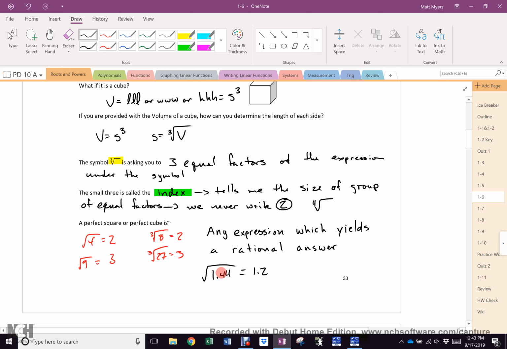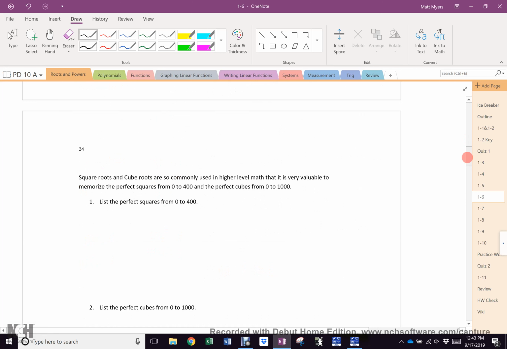Now, this doesn't really come into play that much in our studies. This is the important ones. But I want you to be aware that just because this is a fraction or a decimal doesn't necessarily mean it doesn't have a perfect root. Is everybody cool? All right.